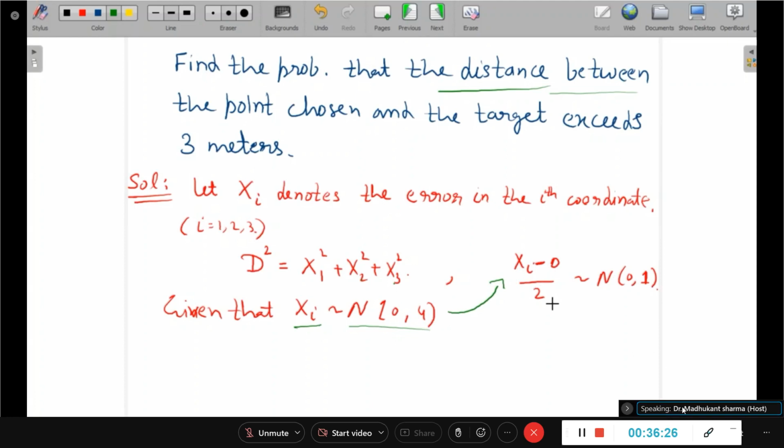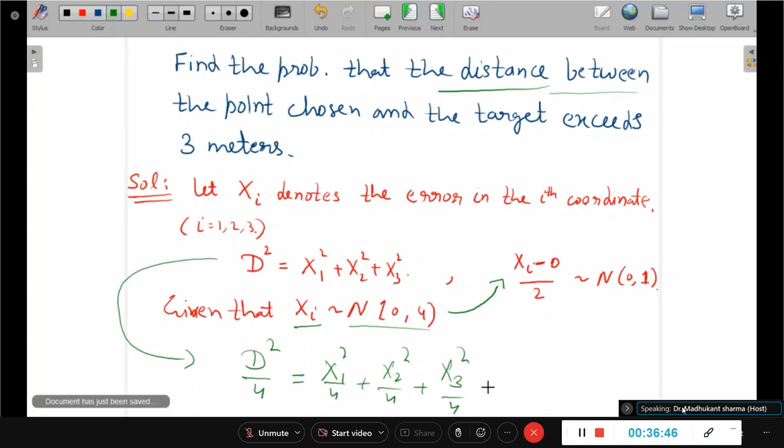So we can rewrite this D squared as D squared by 4 equals X1 squared by 4 plus X2 squared by 4 plus X3 squared by 4. Why?